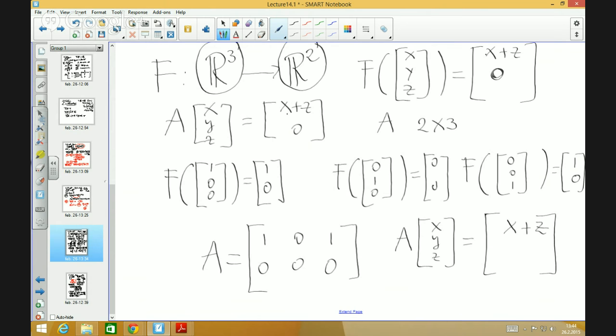And if we have a linear combination with 0 times something plus 0 times something plus 0 times something else, we get 0 out. You did it. Fantastic. Thank you very much.